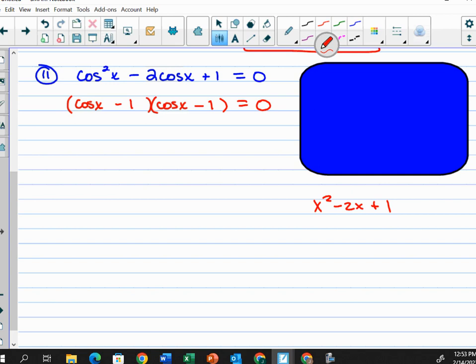Do I need to solve both of those factors, or are they going to be the same? They're the same. So, when is cosine 1? 2 pi k. That's covered in 2 pi k, right?